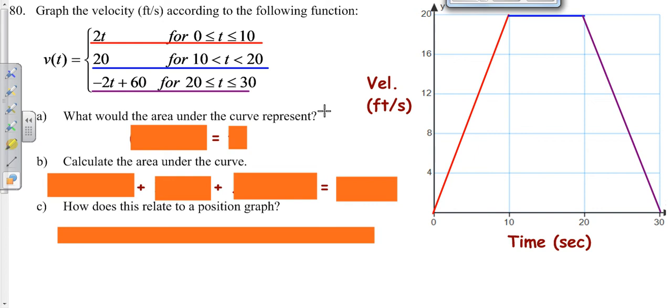Now let's look at the area underneath the curve and figure out what it represents. Now it is one big trapezoid, or you could think of it as a triangle here on the left, triangle on the right, and a rectangle here in the middle.